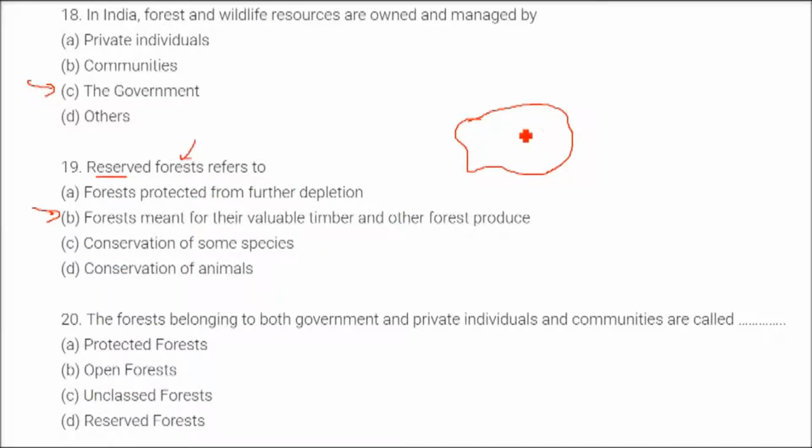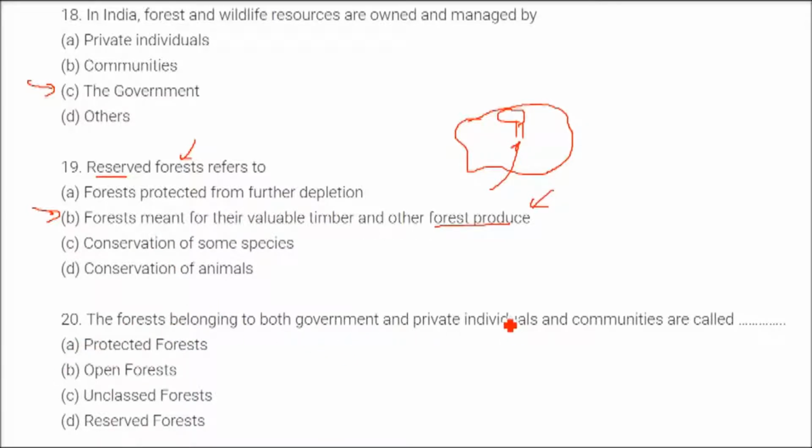Because we are talking about forests, so we have trees, etc. Very important, so forests meant for their valuable timber and other forest produce, this is the answer. Forests protected from further depletion can also seem like an answer, but when we talk about valuable timber and other forest produce, they are the main cause of depletion. That is why they are being reserved.